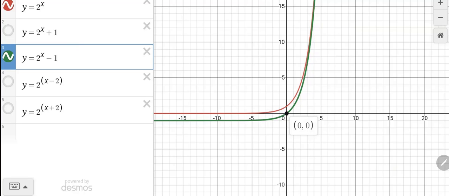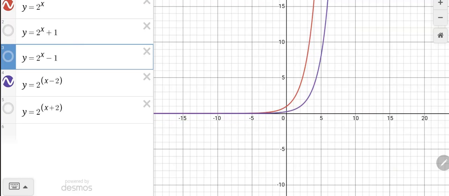If we have a look at the next graph, we can see x minus 2. So our red graph, as we said with the h value, is 2 units to the right. We can see our intercept at 0, 1 has now moved across to 2, 1.